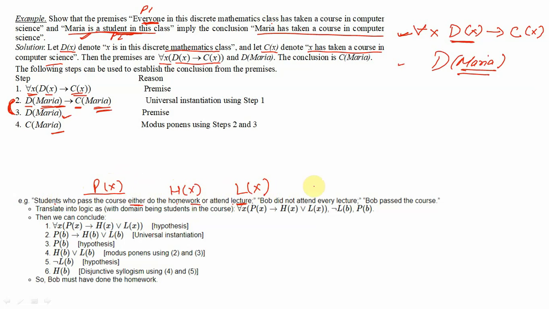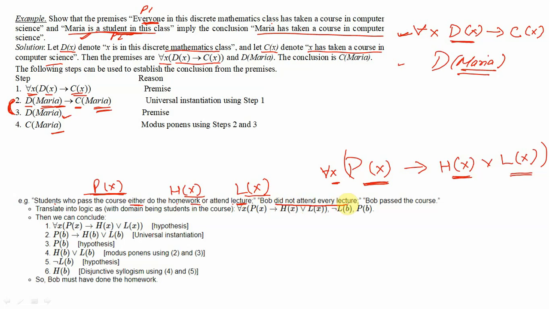What it says is, if a student has passed the course, then that student has either done the homework or attended the lectures. That means for all x, px implies h of x or l of x. That means for all the values of x, px can only be true if h of x is true or l of x is true. So this is my first premise.